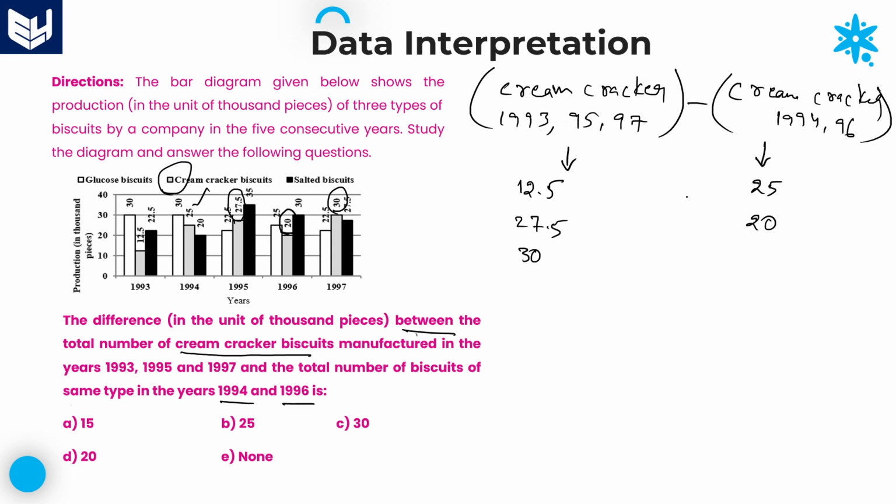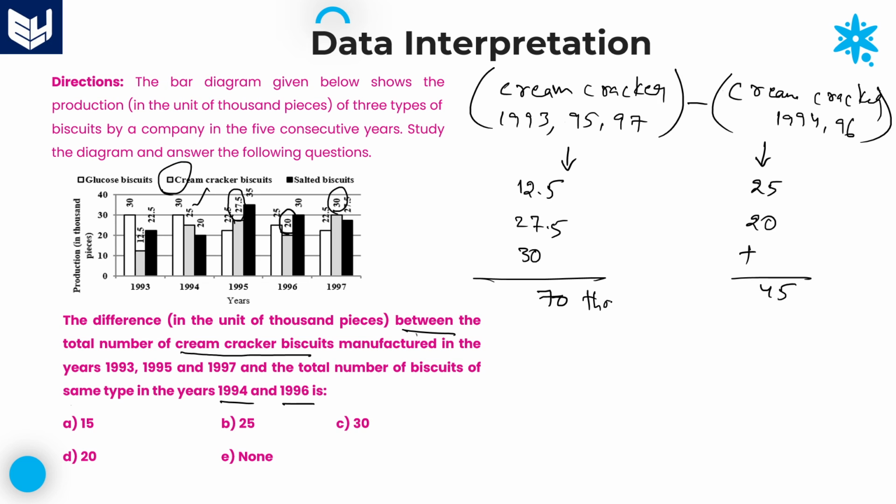Now take the difference between these two. Once you add these two values, 25 plus 20 is 45, that is 45,000. Coming to this case, 27 plus 12 is 39, 39 plus 1, 40, 40 plus 30, 70,000.